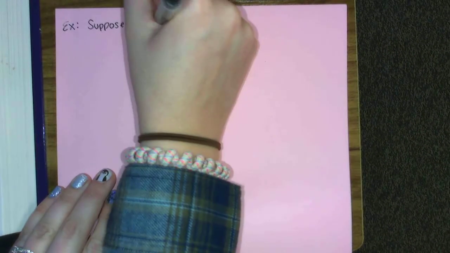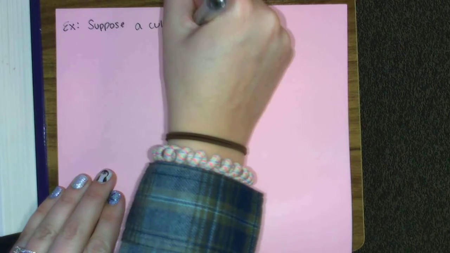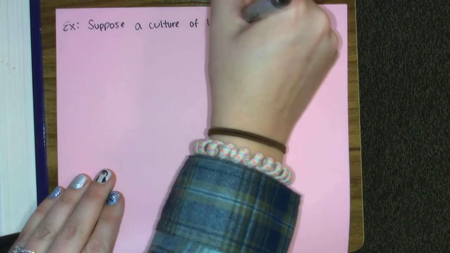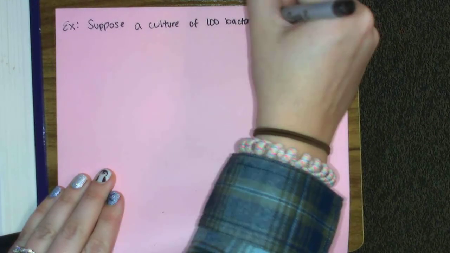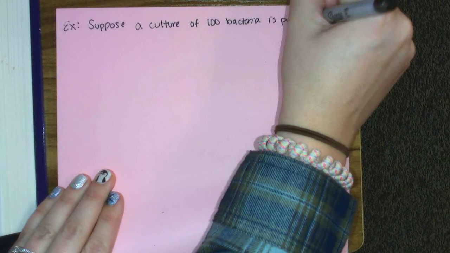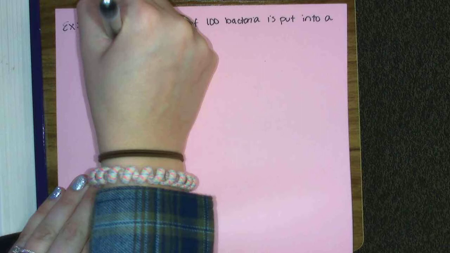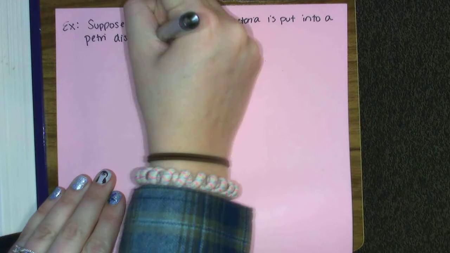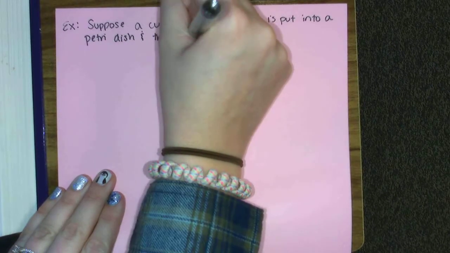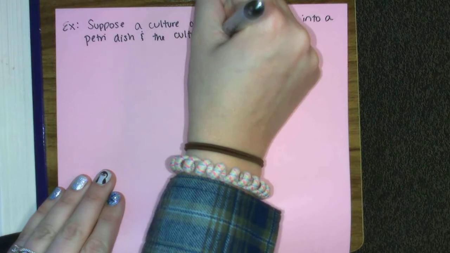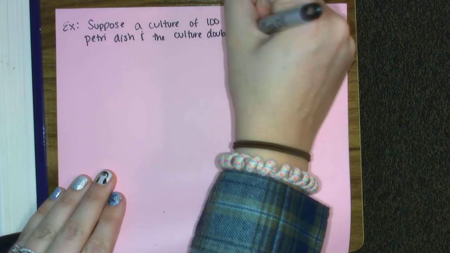Alright, so example, suppose a culture of 100 bacteria is put into a petri dish and the culture doubles every hour.